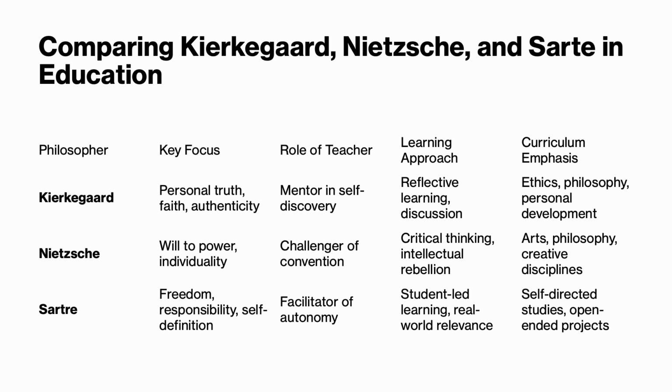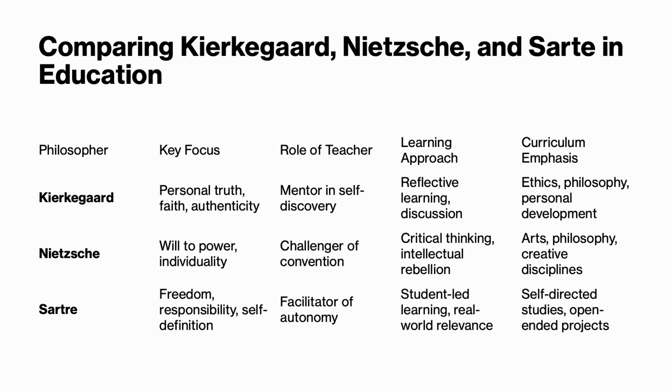For Sartre, the key focus is freedom, responsibility, and self-definition. As to the role of the teacher, for Kierkegaard, the teacher is a mentor in self-discovery, while for Nietzsche, the teacher is a challenger of convention, and for Sartre, the teacher is a facilitator of autonomy.